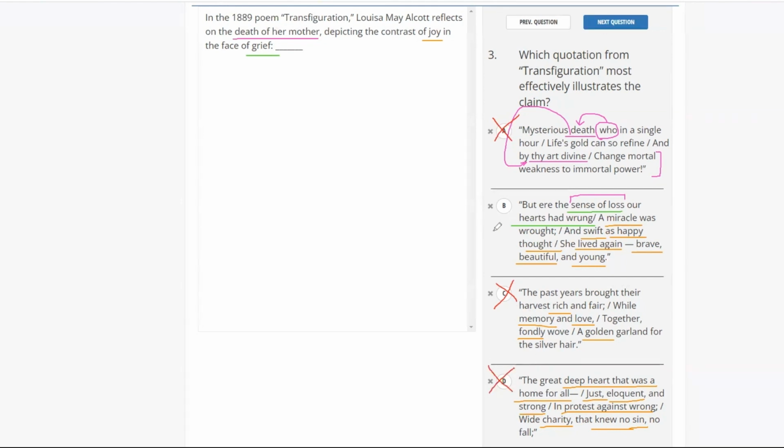And select choice B as our final answer, because choice B is the only choice that reflects the whole claim, both the reflections on the death of the mother, both joy and happiness, and grief and sadness. B contains the claim, the whole claim, and nothing but the claim.